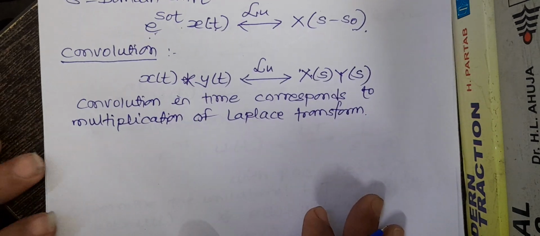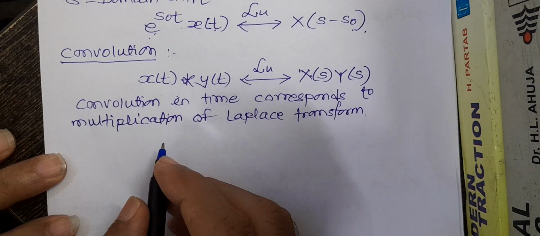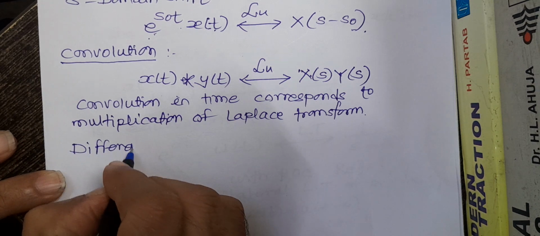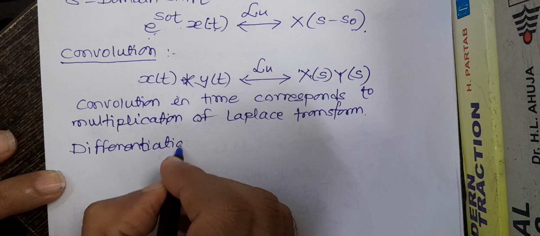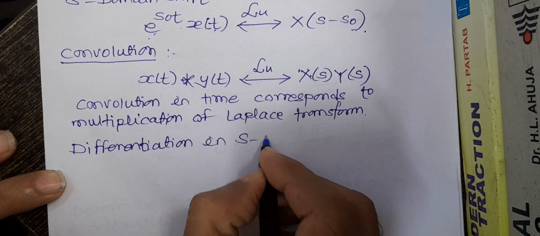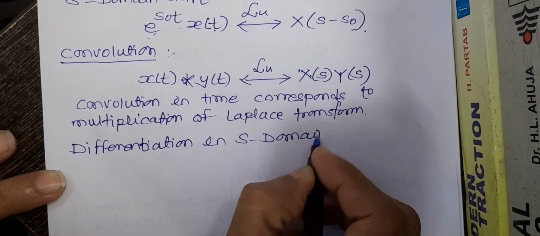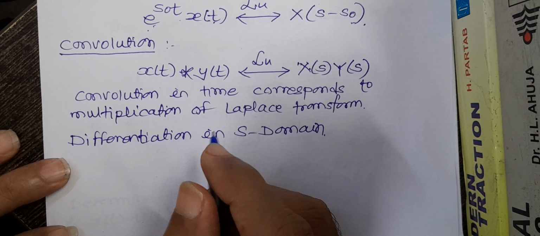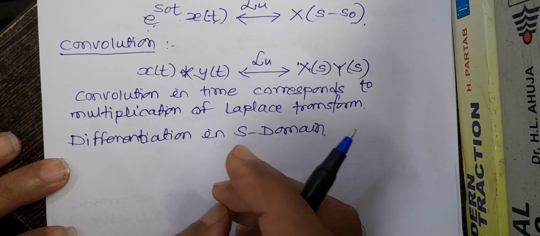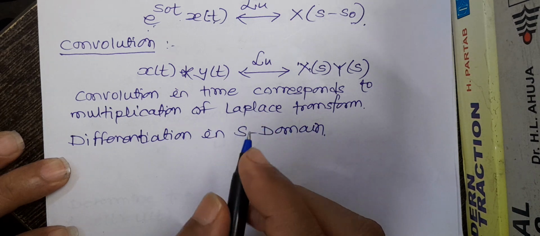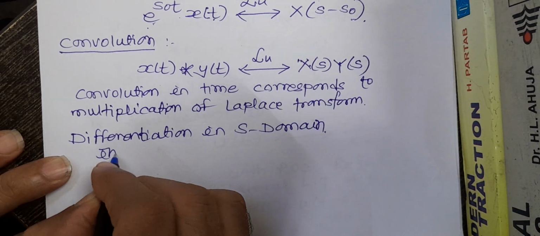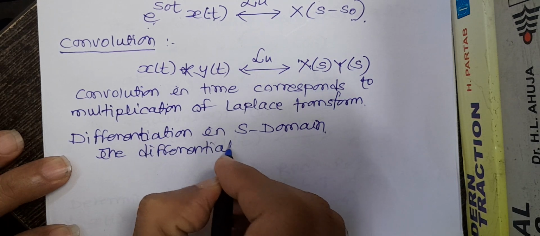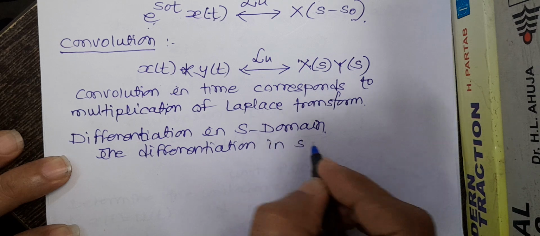So next property is the differentiation in the s domain. So the differentiation in s domain corresponds to the multiplication by minus t in the time domain.